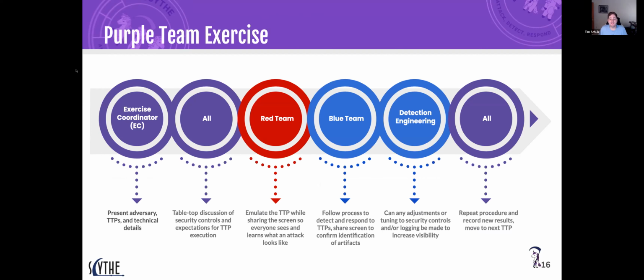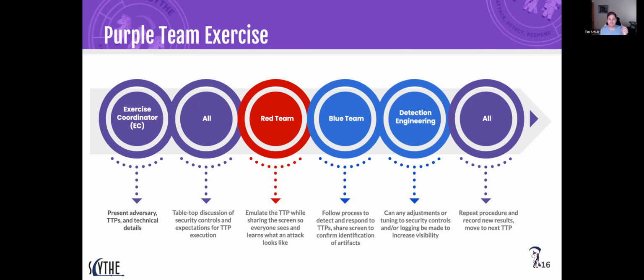So this is what the purple team exercise breaks down to. In this case, we've got it tied to specific roles. The exercise coordinator takes the cyber threat intelligence that has been a driver for this. They present the adversary, why the adversary matters, and some of the details of what's going to be tested.